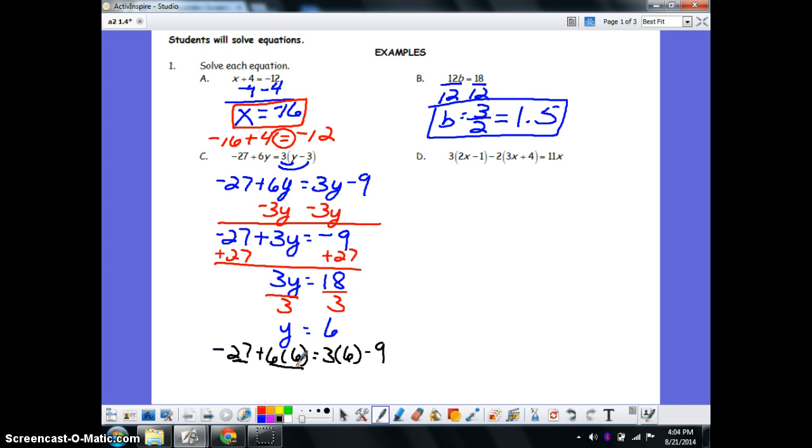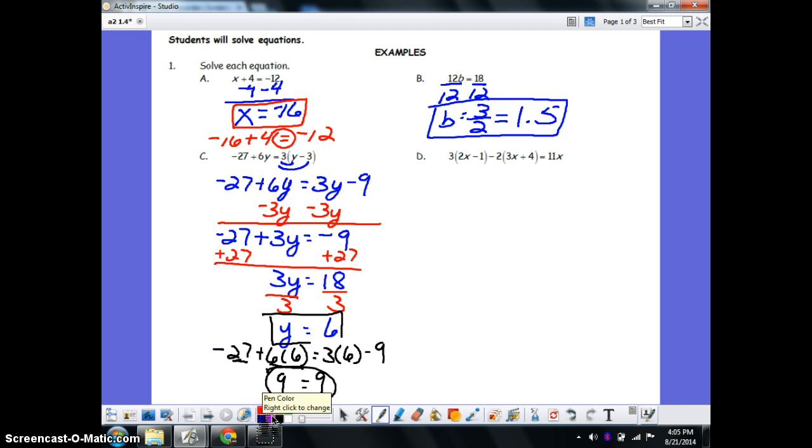Do multiplication first. Negative 27 plus 36 is positive 9. On this side, 3 times 6 is 18. Subtract 9 is 9. That is a true statement, so therefore, y equals 6 is our solution.